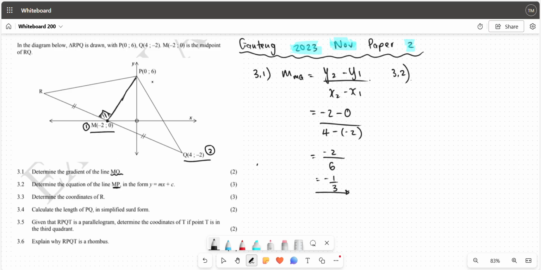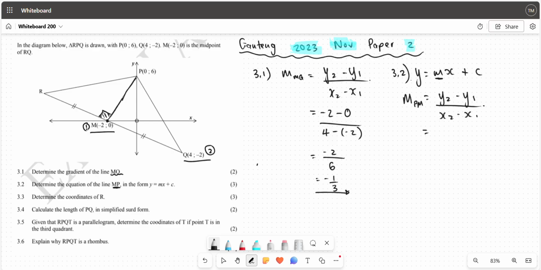How do I calculate the equation of a line? I need, first of all, the m, and this m here is gradient. So I need the gradient of PM. And again, it's calculated using the same formula, y2 minus y1 over x2 minus x1.